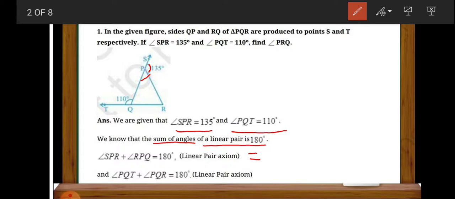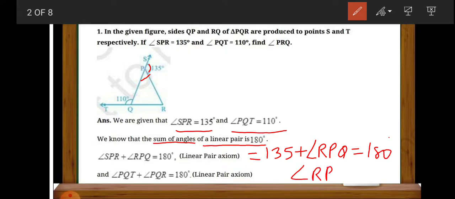The value of angle SPR is 135, plus angle RPQ is equal to 180 degrees. So angle RPQ is equal to 180 minus 135 degrees, which is equal to 45 degrees.